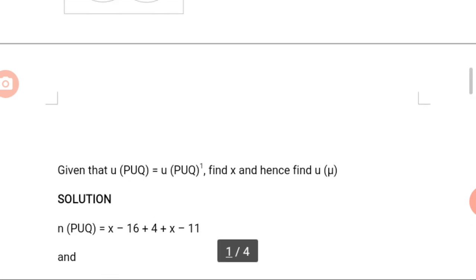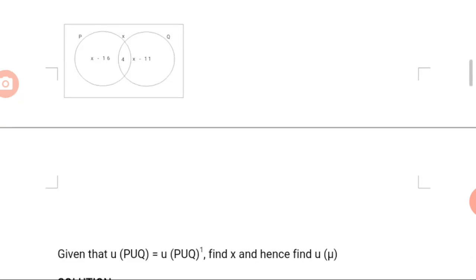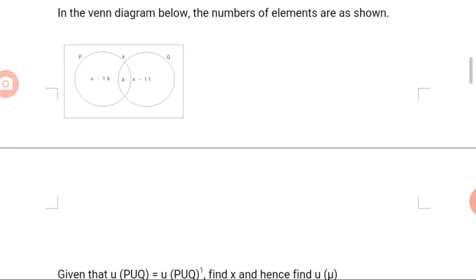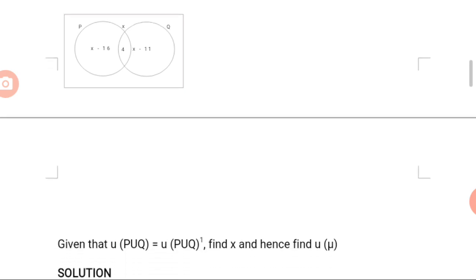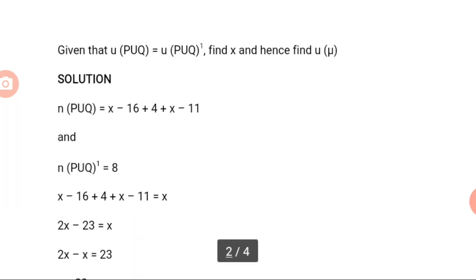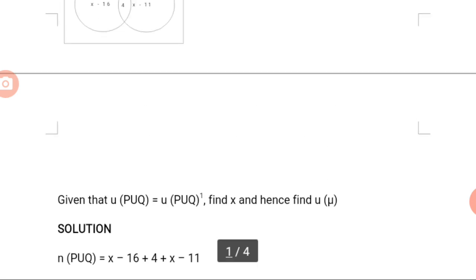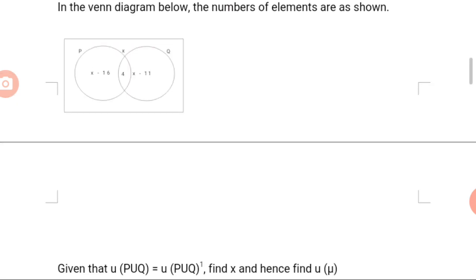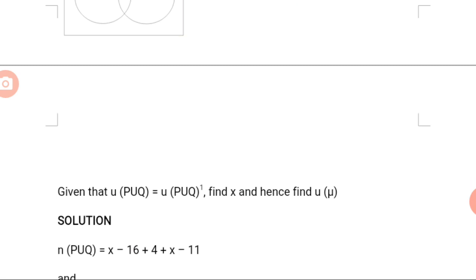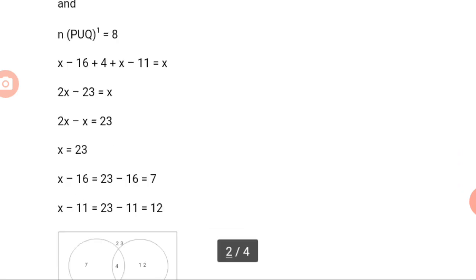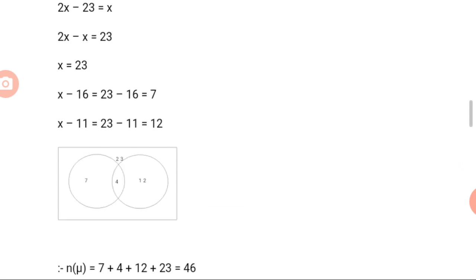When we go back, our x is equal to 23. From x minus 16, you substitute 23 minus 16, you have 7. Also from x minus 11, you have 23 minus 11, making 12.